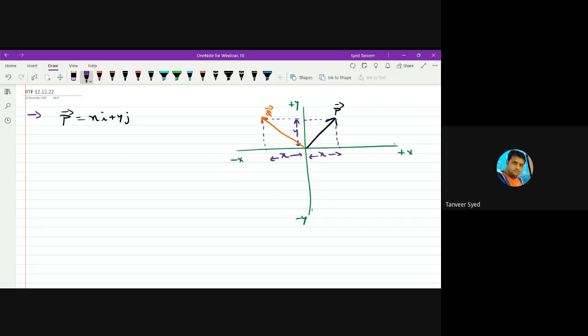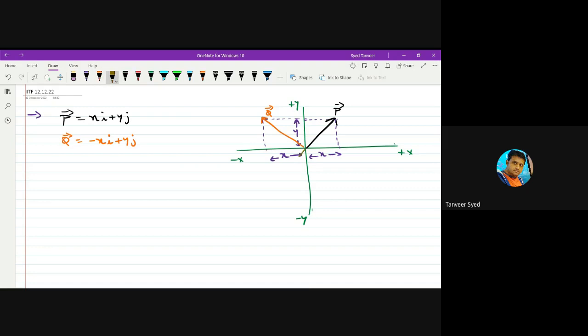And along y, it is the same thing, y. So can I write vector Q as minus xi plus yj, minus xi plus yj.